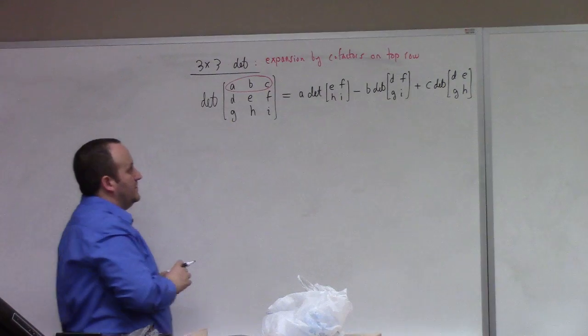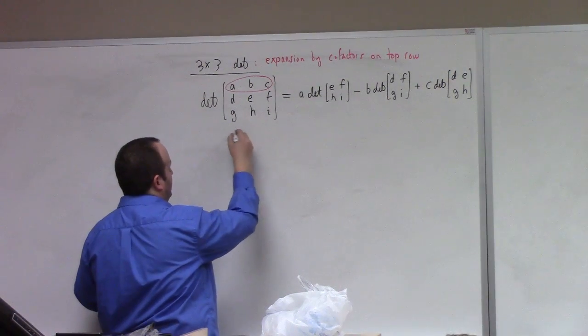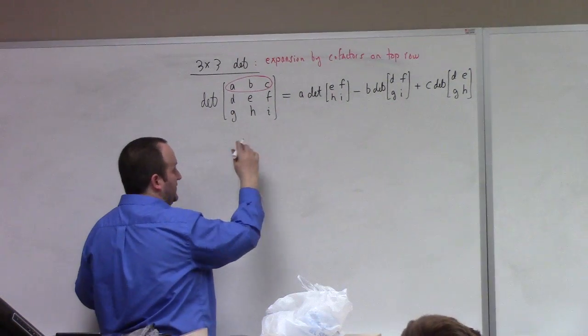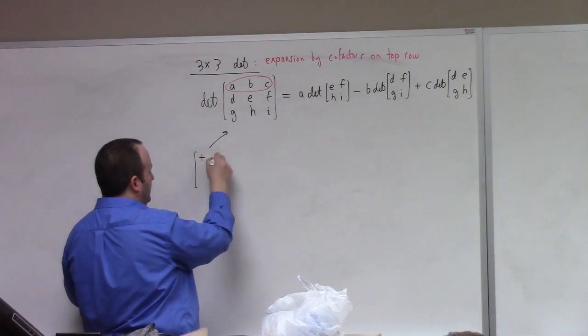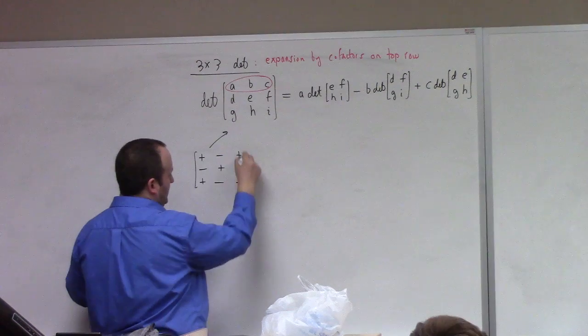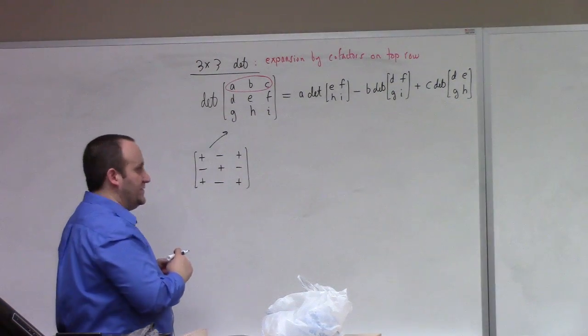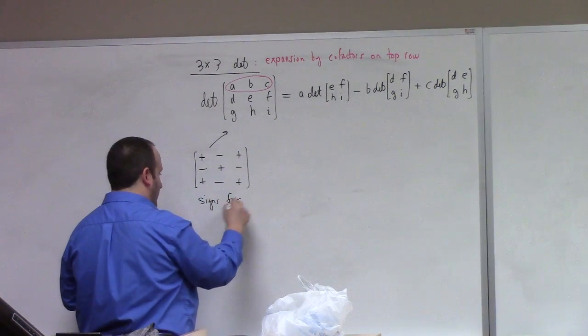And so let's see here, just to give you a sense of how this works. Expansion by cofactors, you could also go other ways. The signs here go like this, plus, minus, plus, minus, plus, minus, plus, minus, plus, so to speak, all right? So these are the signs for the cofactor expansion.